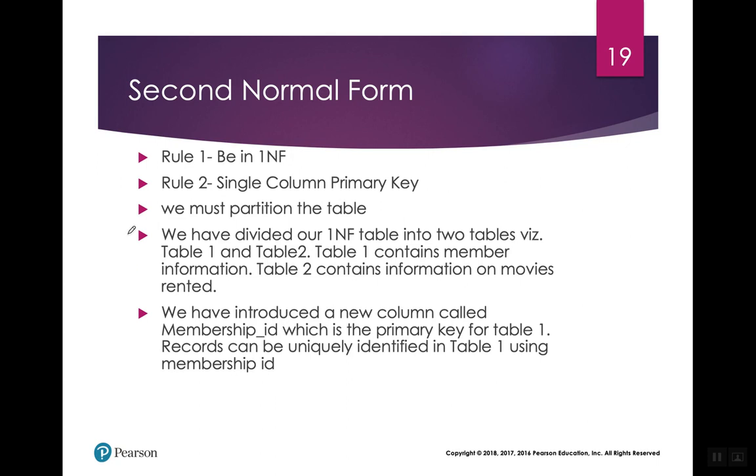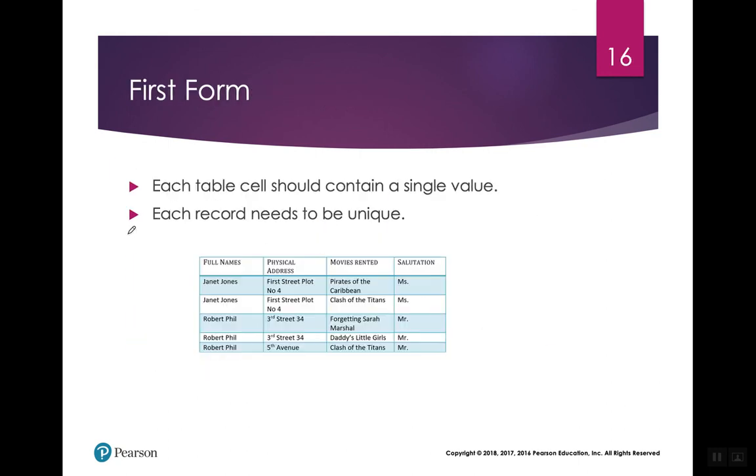We'll split this into two tables. In our first normal form, I have one table with information about the customers and their addresses, and also information about the movies. What we want to do is separate this out.